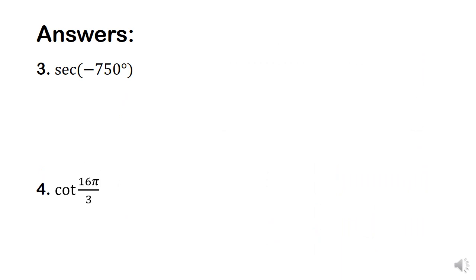Okay, so let's check if you got numbers 3 and 4 correctly. So for number 3, we have negative 750 degrees. Ano kaya yung associated reference angle sa kanya? Notice that yung 750 is near 720, yun yung multiple ng 360 degrees na malapit sa 750. So 750 is equivalent to 720 plus 30.